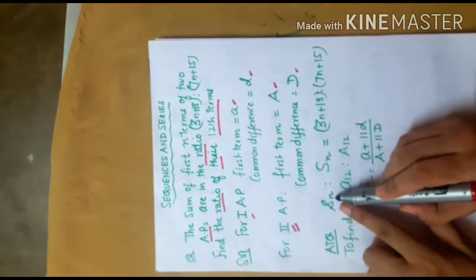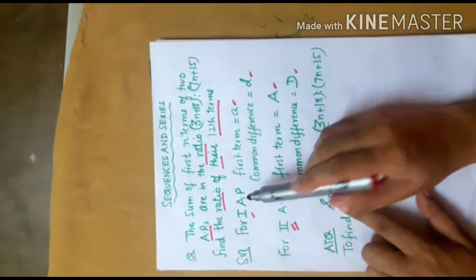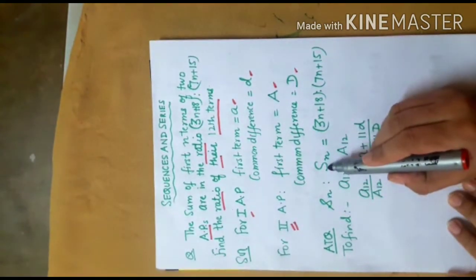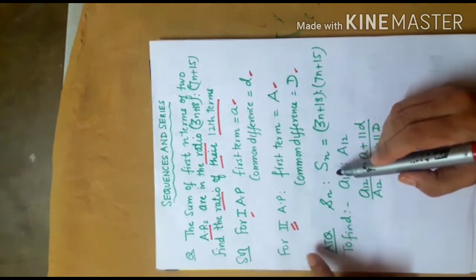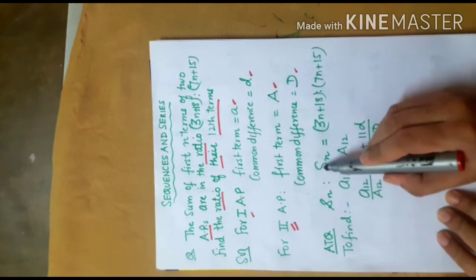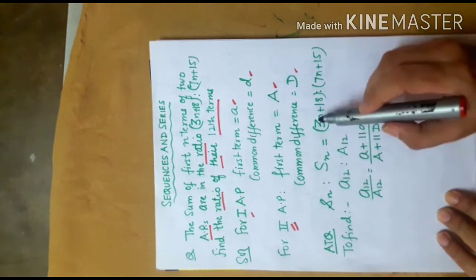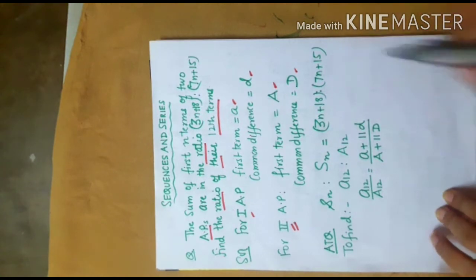The small sn denotes the sum of first n terms of the first AP and capital Sn denotes the sum of first n terms of the second AP. So small sn is to capital Sn is equal to 3n plus 18 is to 7n plus 15.